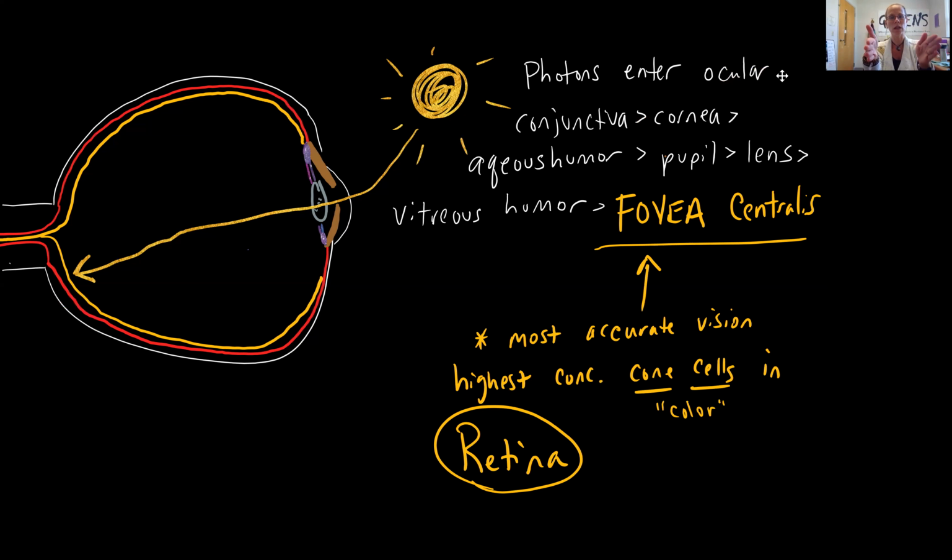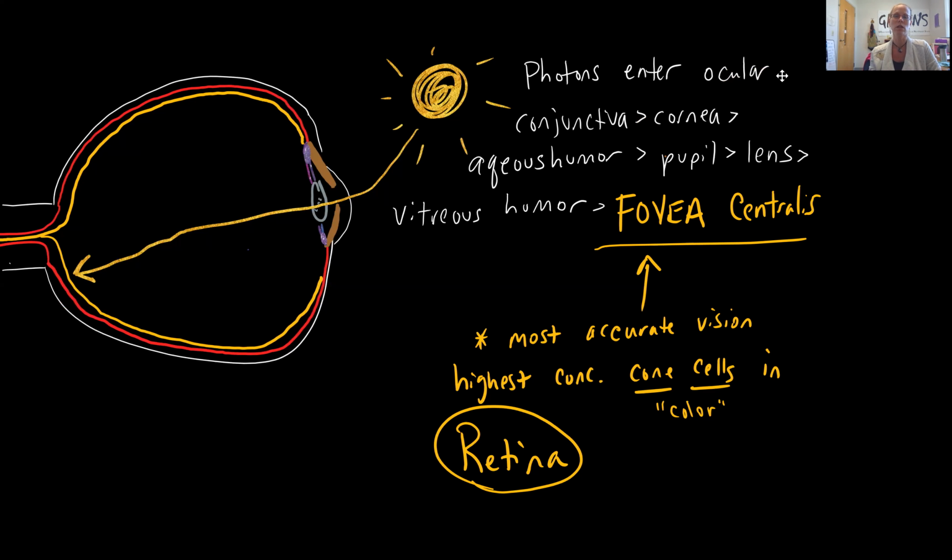Now, if you're looking directly at something, that wavelength of light should be focused directly at what's called the fovea centralis. This is a very specific part of your retina. The retina, remember, contains your photoreceptors, those cells that are stimulated by photons, and you actually have 2 types. You have what are called rod cells and cone cells. The fovea centralis is your point of highest or most accurate vision because this is your highest concentration of cone cells.